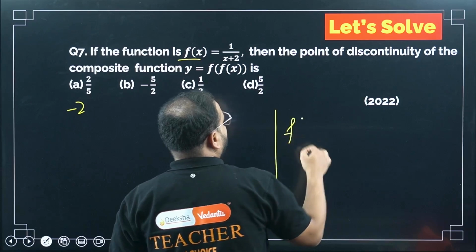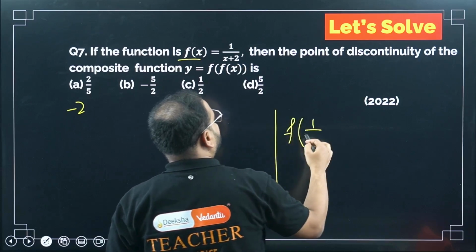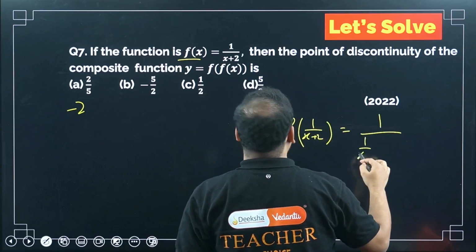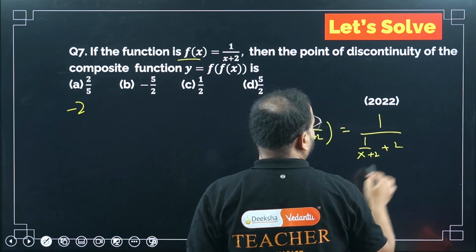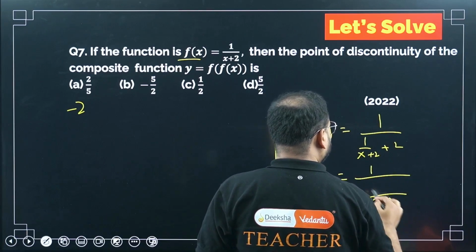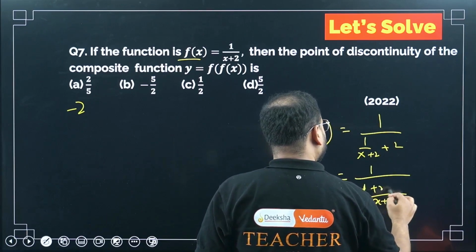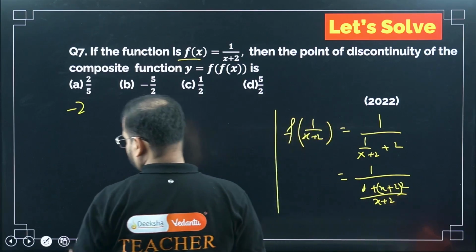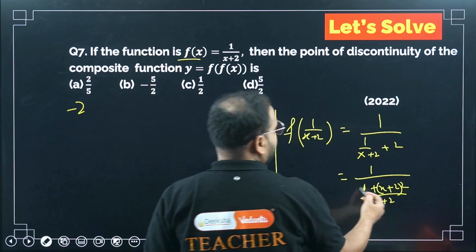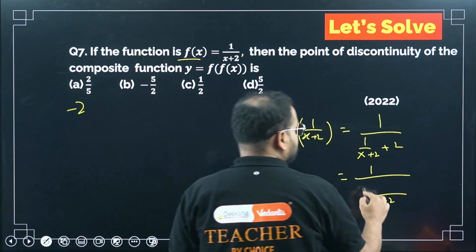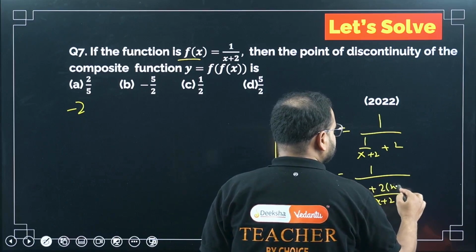So f of what? F of x. F of x is how much? 1 upon x plus 2. So in the function you write it as 1 upon x plus 2 plus 2. How much is this? Tell me. 1 upon LCM here. 1 plus 2 times of x plus 2.